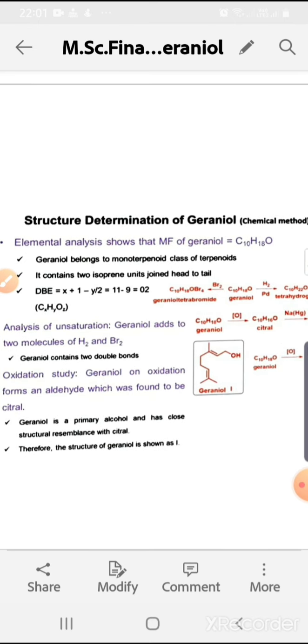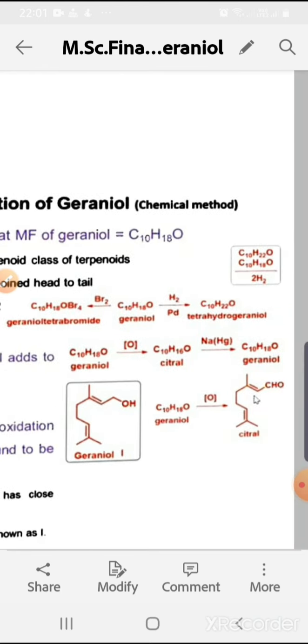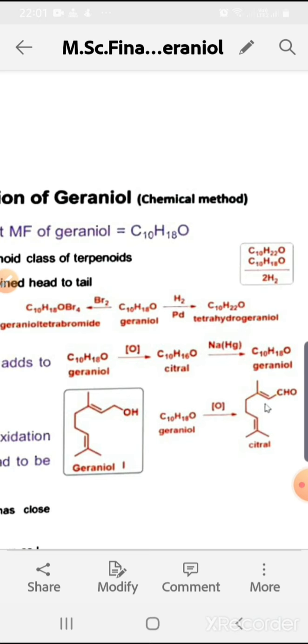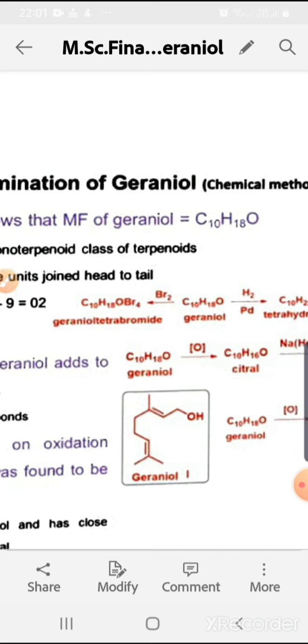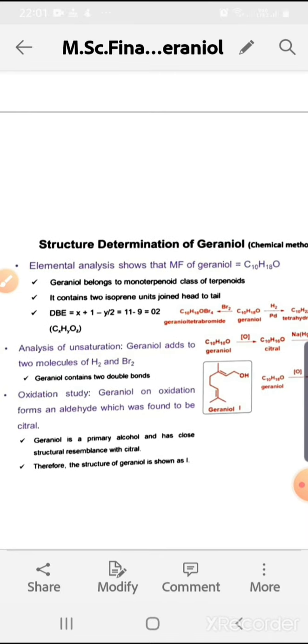Geraniol adds 2 molecules of hydrogen to form tetrahydrogeraniol, C10H22O, and 2 molecules of bromine to form geraniol tetrabromide, C10H18OBr4. So from these two reactions, we can say that geraniol contains 2 double bonds.